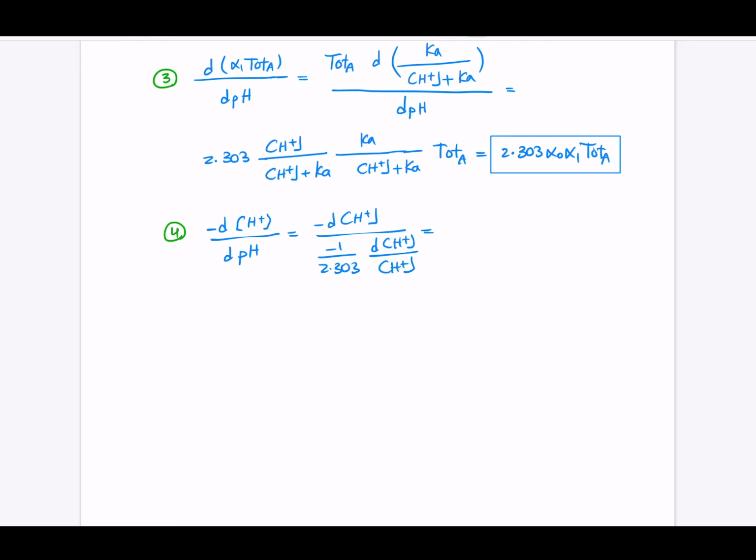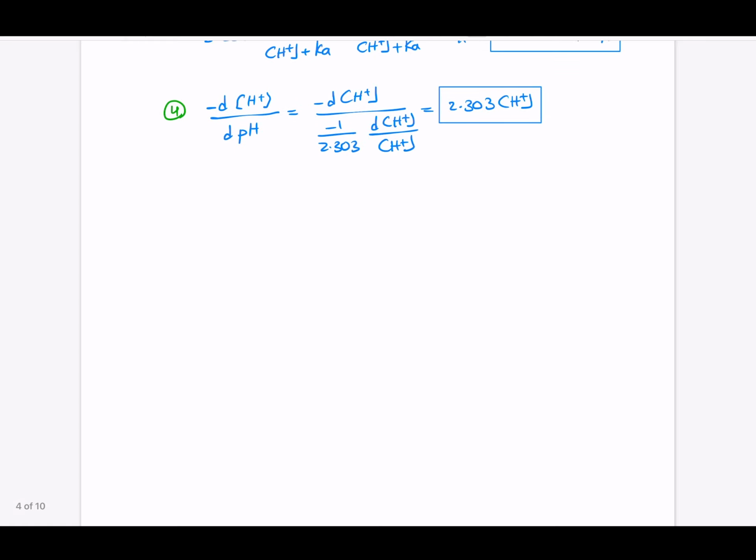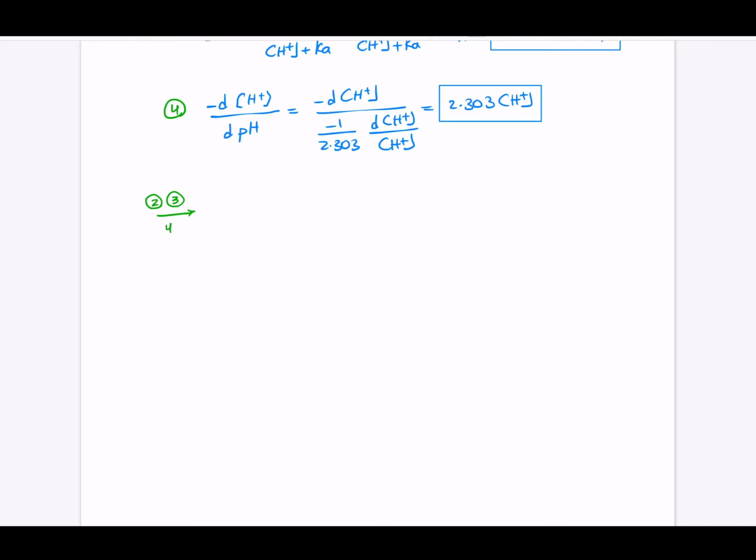A little bit of simplification, 2.303 H plus. Or combining actually 2, 3, and 4, because one was basically simplifying dpH to dH.